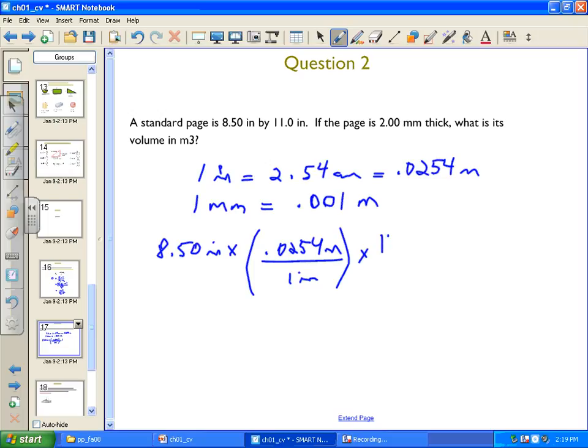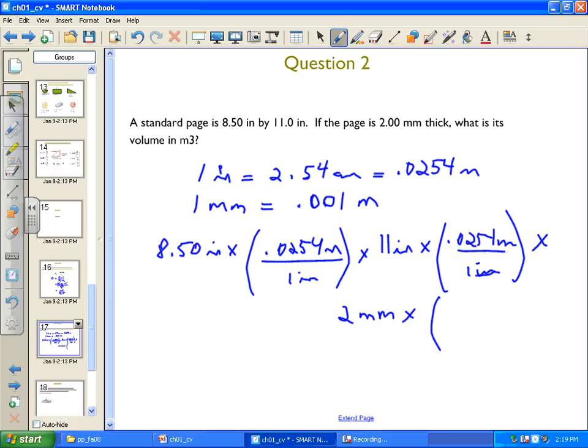Next, 11 inches times its conversion factor, 0.0254 meters divided by 1 inch, times 2 millimeters multiplied by its conversion factor, which is 1 millimeter is 0.001 meter. And we can see that upon multiplication, the units cancel out algebraically.